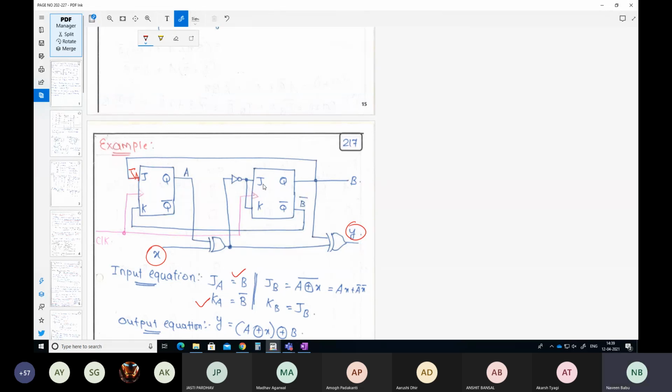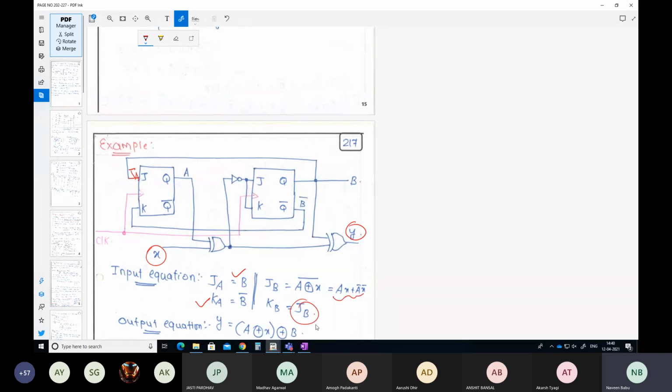Then JB corresponds to the XOR of A XOR X and the whole bar, which is nothing but an XNOR operation. So it is AX plus A bar X bar. And K is the same as that of your JB. So we just write it as JB instead of again redoing this.